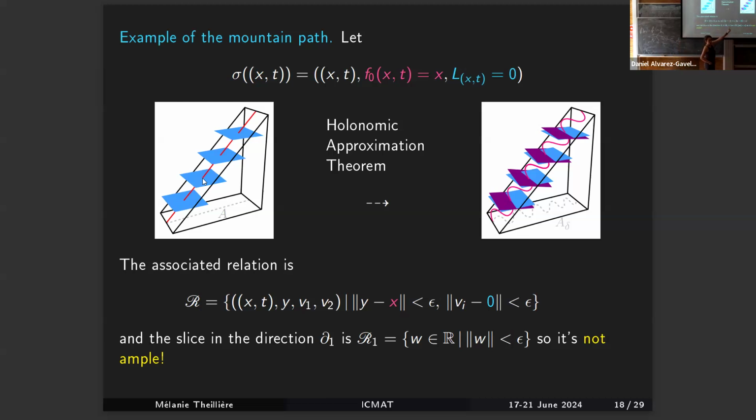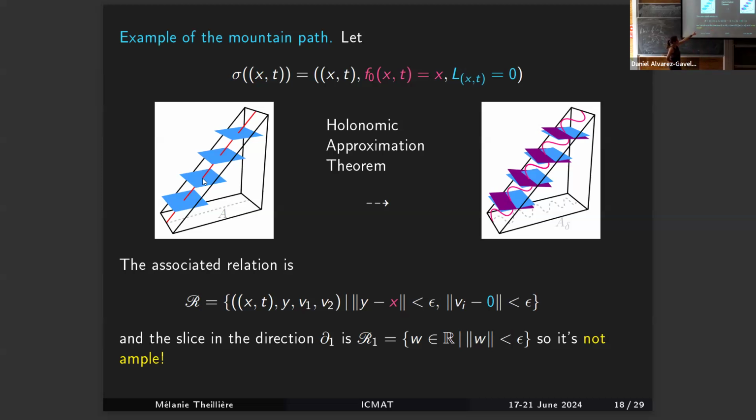And for holonomic approximation, there exists a deformation of A such that we can go up the mountain with a really slow slope. So the relation associated to this problem is all the tuples such that each component is close to the formal solution sigma.